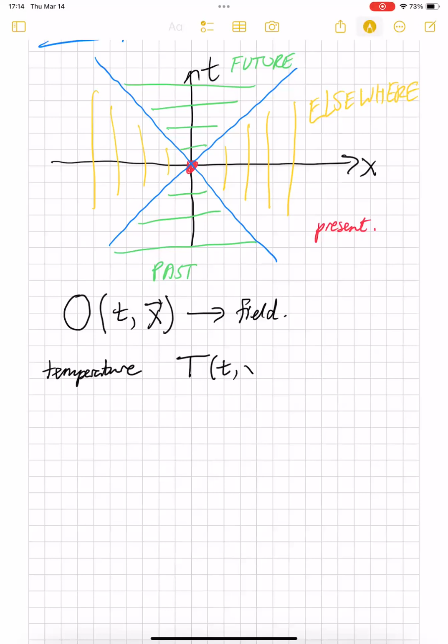So to know exactly what temperature I'm going to measure, I have to tell you when I will measure and where I will measure. So this is an example of a field, the temperature field, and it's an example of a scalar field. It's just a single number, the value of the temperature, and it is defined everywhere and every when.